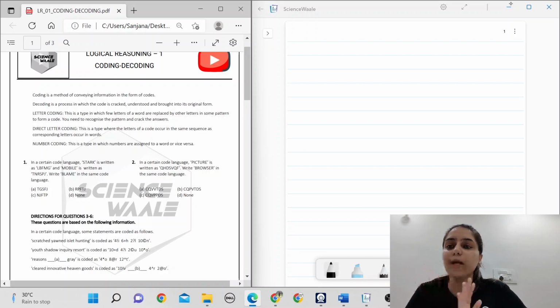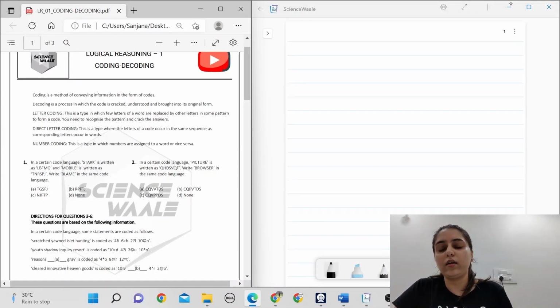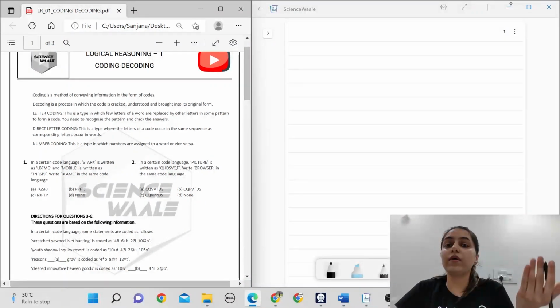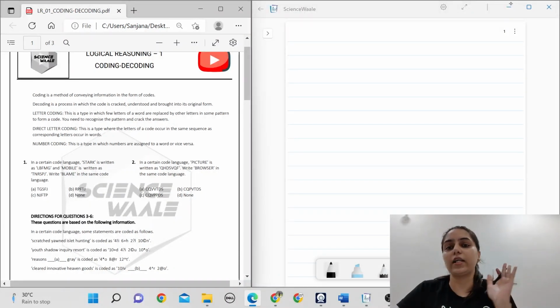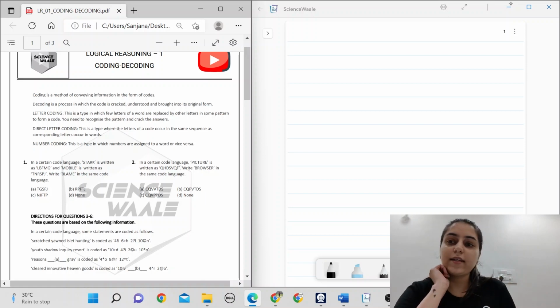Direct letter coding and number coding also are such simple types of coding, and you can get it from the PDF. Now let's get started with the questions and try solving them. They are very basic ones. Wherever it's going to be tough, we will first understand the topic, what concept it is based on, and then try solving them. Let's get started.